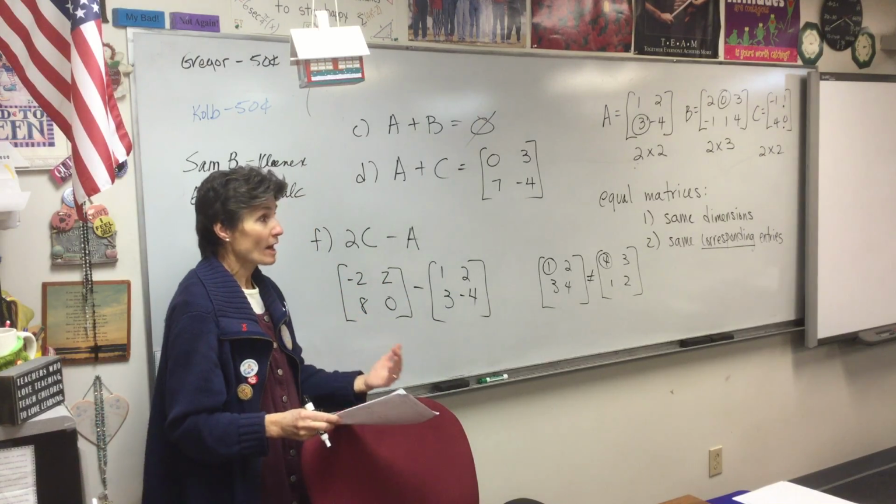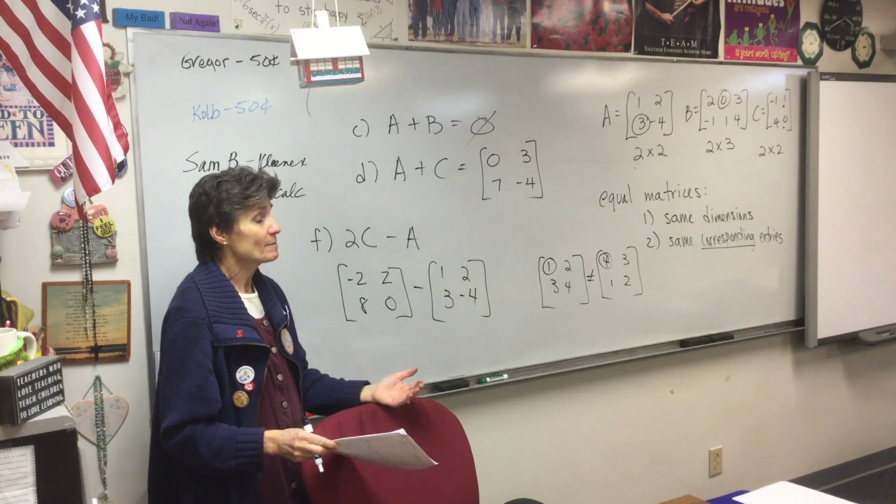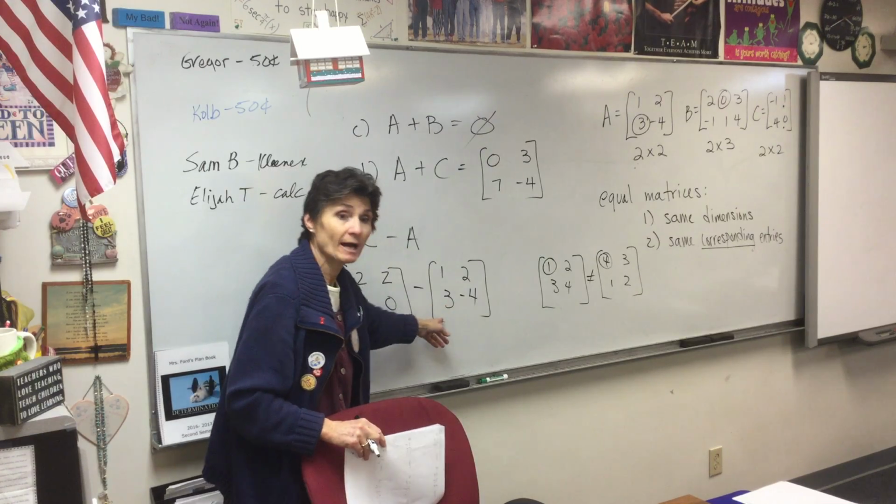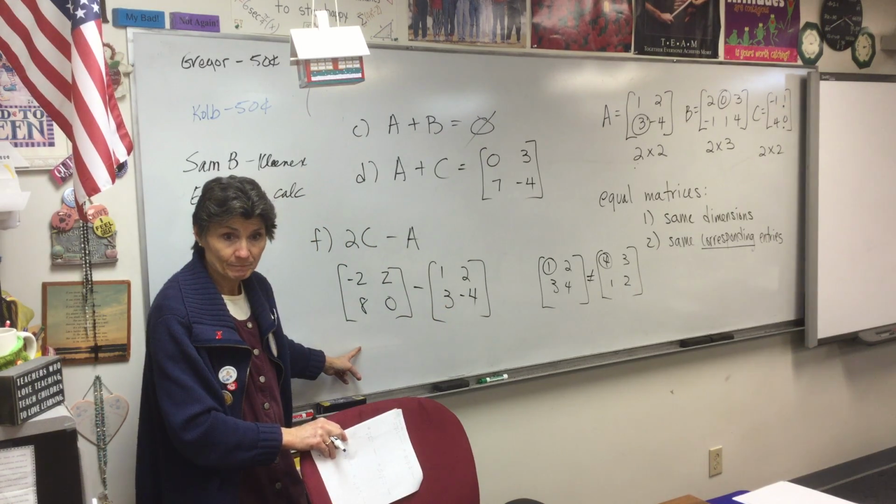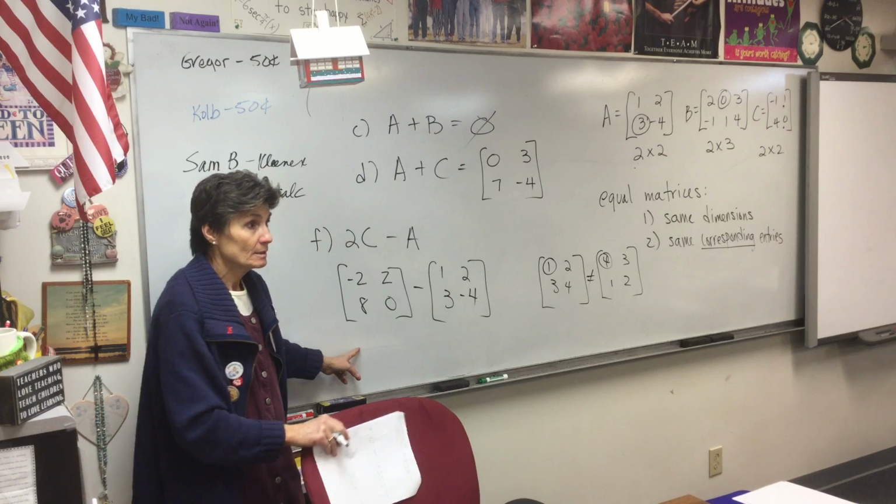Now, the rules for subtraction are the same as addition. You have to be the same size. These are the same size, so I can subtract them. Okay? So here we go.